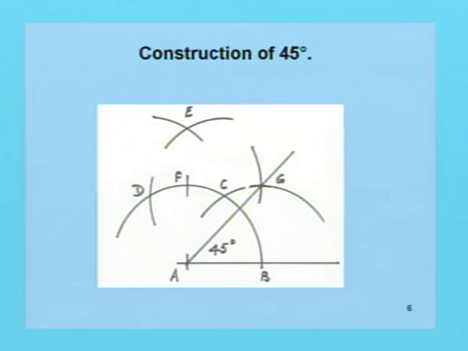So we have to bisect that angle. So again, any suitable radius, center B, make an arc which is next to G there, and center F, make another arc to cross at G. If we connect A to G, the angle BAG is equal to 45 degrees.